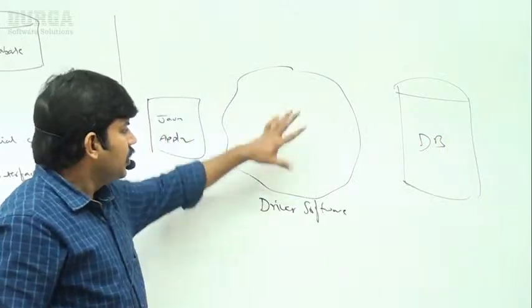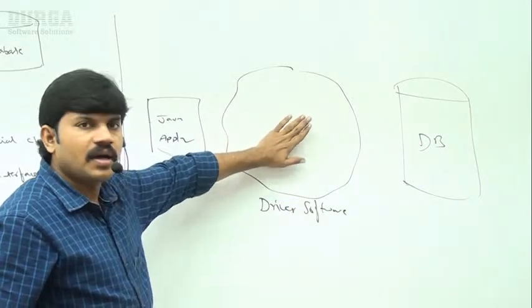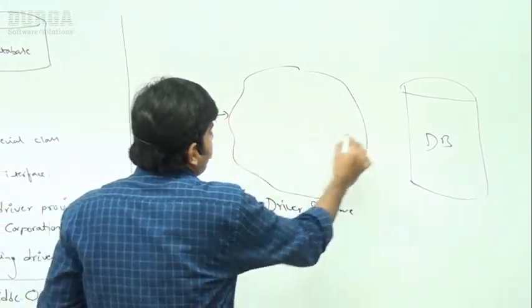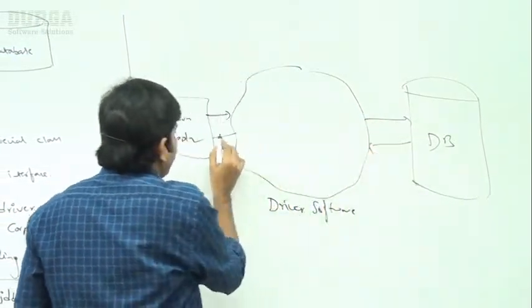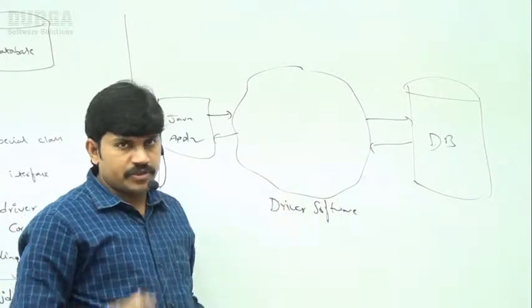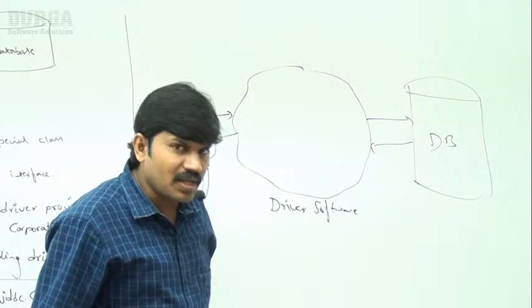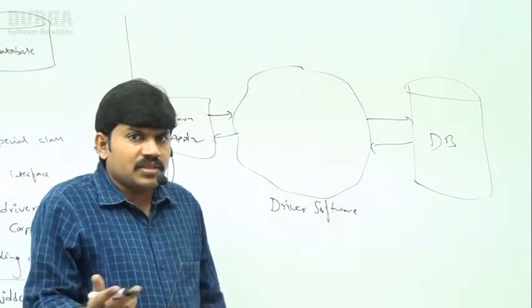A group of classes is there, which is nothing but driver software. The Java application communicates with the driver software, and the driver software can communicate with the database. Is it a single class or multiple classes? There are multiple classes available.